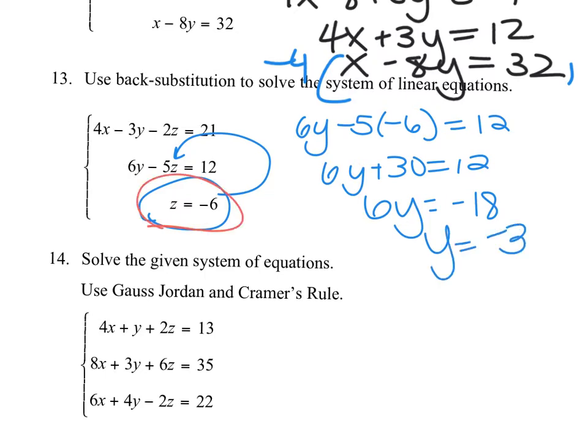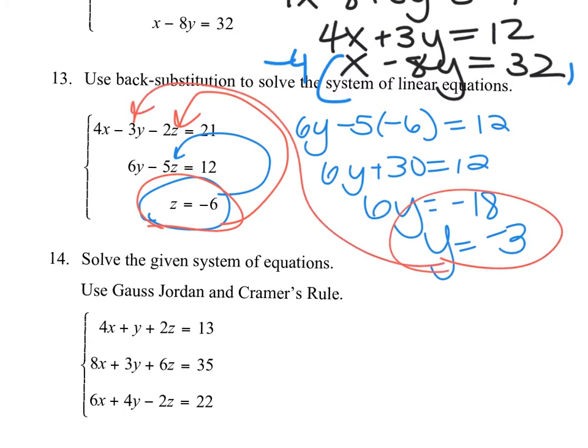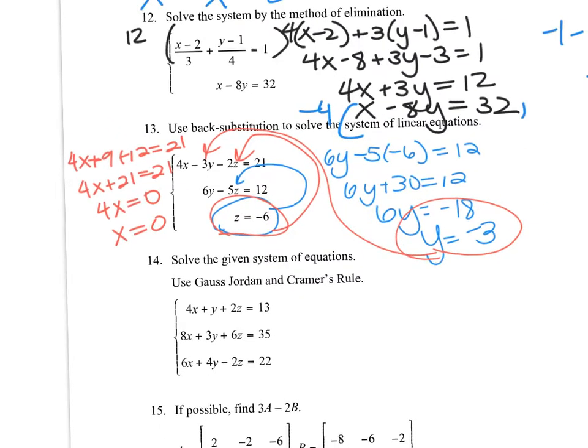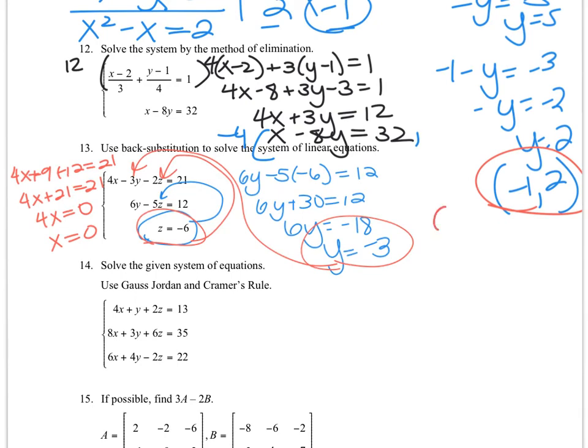And then this goes into the z, and this goes into the y. So 4x plus 9 plus 12 equals 21. 4x would equal 0, and x would equal 0. And then I got 0, negative 3, negative 6 is my solution.